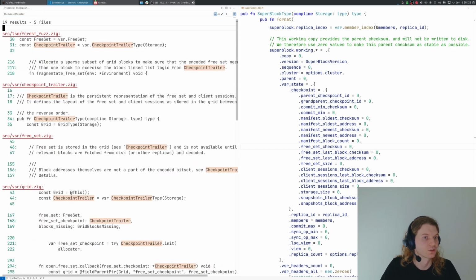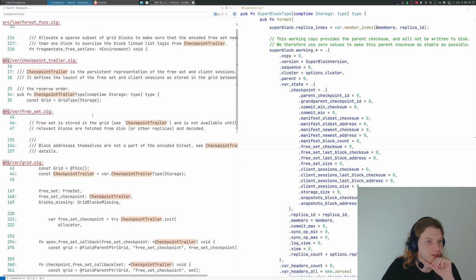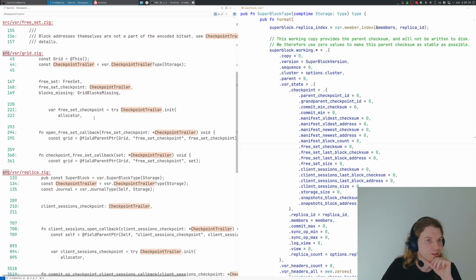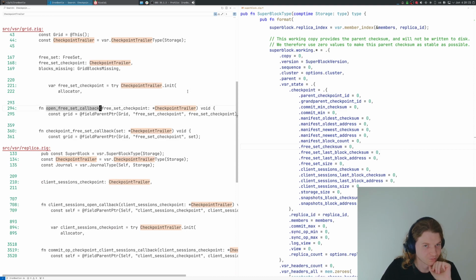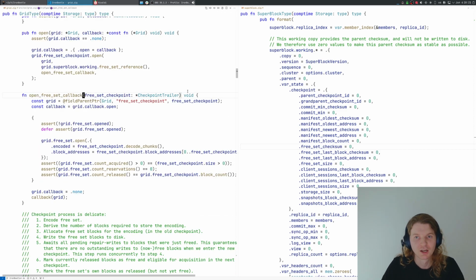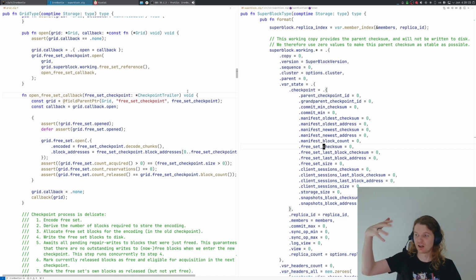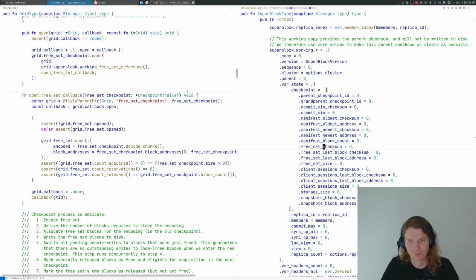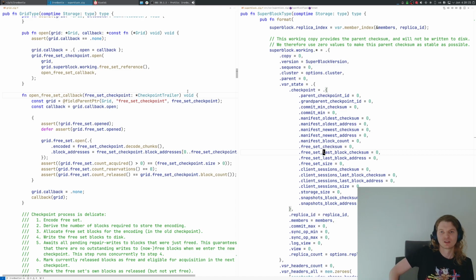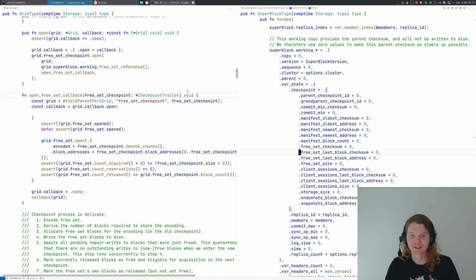Trailer. So we have this checkpoint trailer, and it is going to get used here. Okay, right. So how the FreeSet gets into targetable main memory: it starts in the superblock. The superblock stores FreeSet last block checksum and FreeSet last block address.